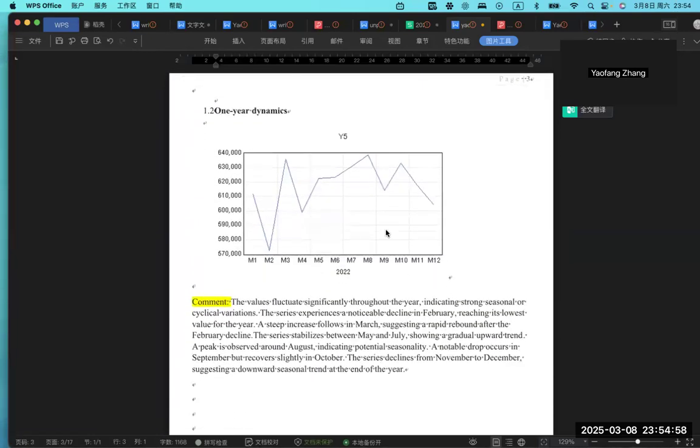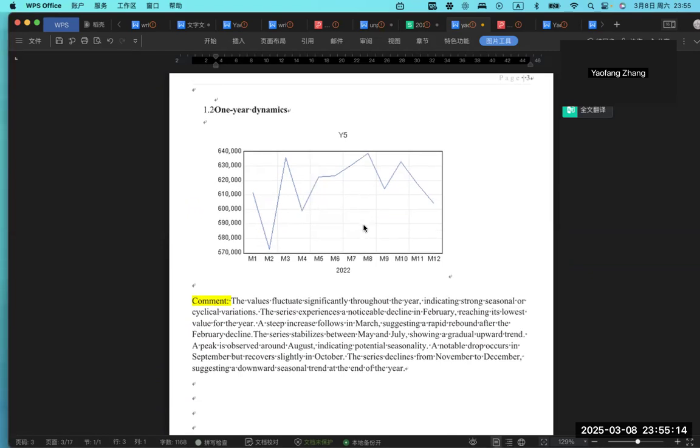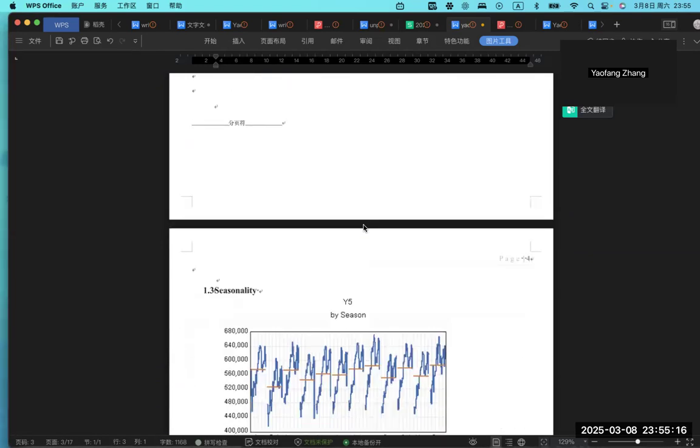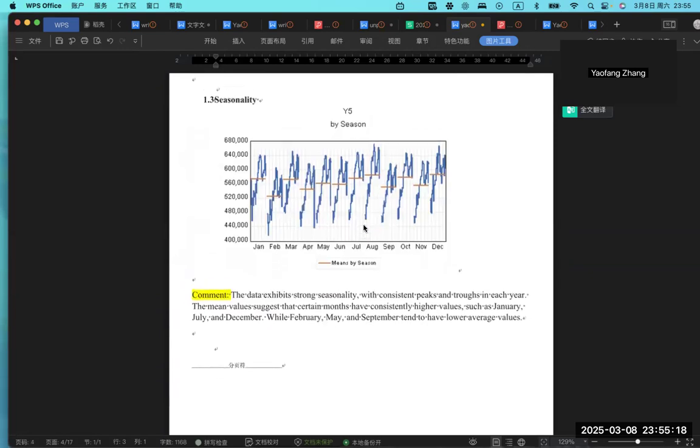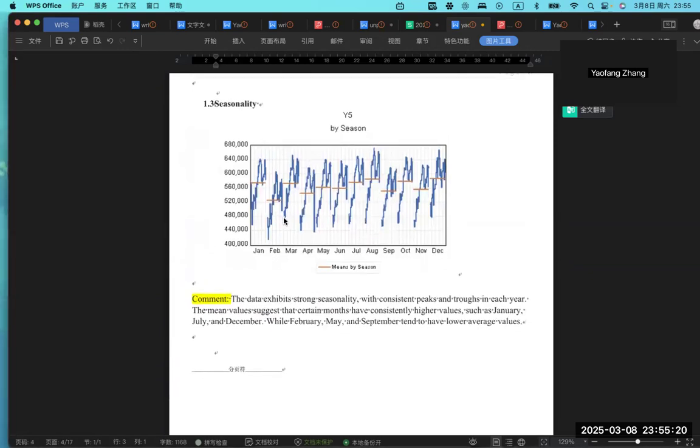Additionally, by analyzing one-year dynamics, February exhibits the lowest values, while August tends to have peaks. This suggests that seasonality plays a crucial role in our analysis. Then let's look at the seasonalities.